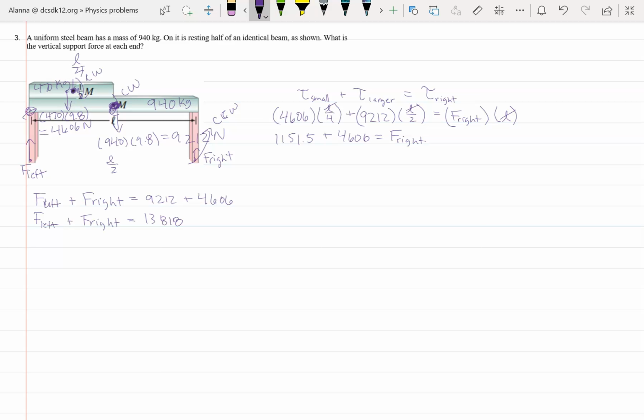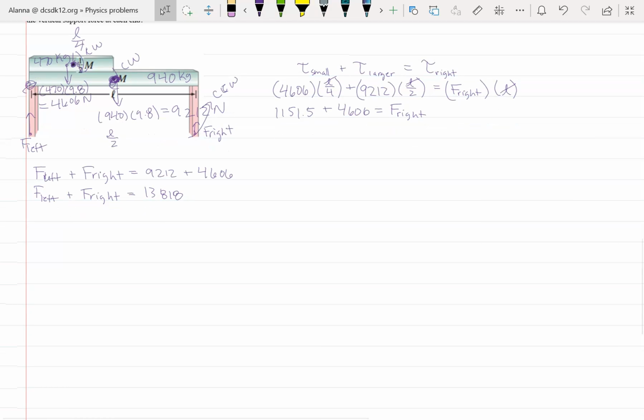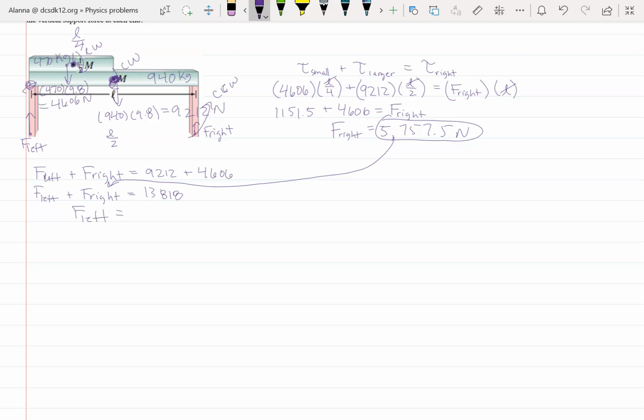You just have to make sure all of the forces and torques balance. So when you add those together, you'll get that the force on the right is equal to 5,757.5 newtons.